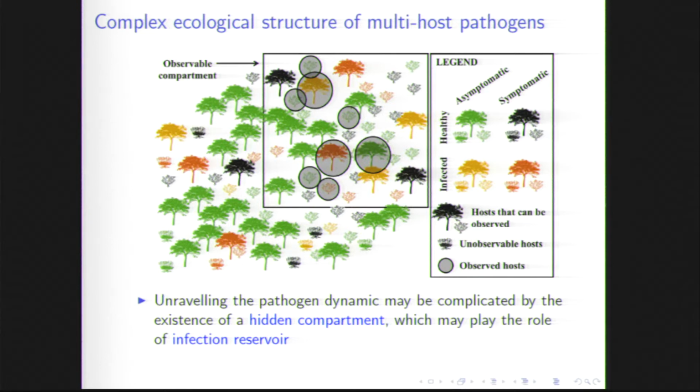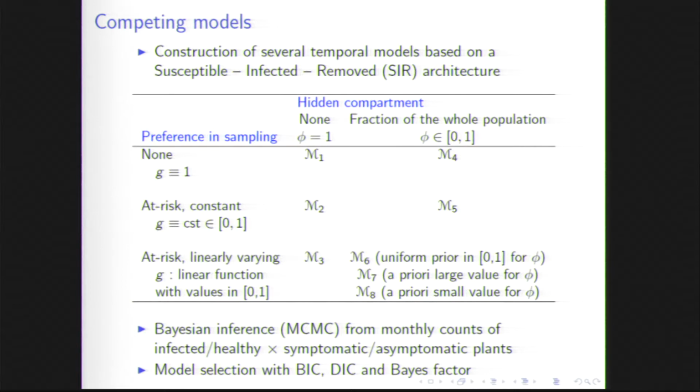And the understanding of the pathogen dynamics may be complicated by the existence of a hidden compartment in the host population, which may play the role of an infection reservoir. And so we built several competing models which are based on a susceptible, infected, removed architecture.